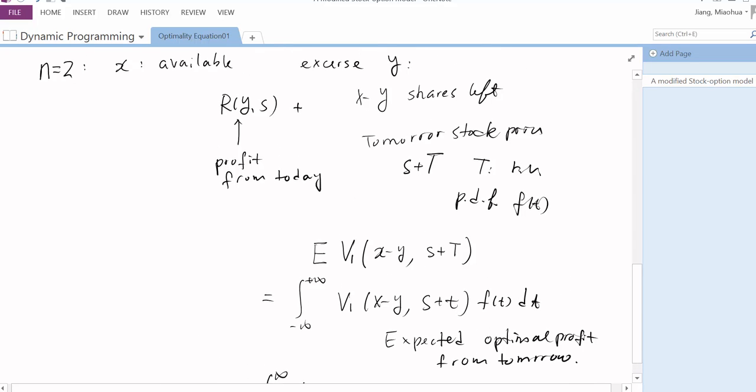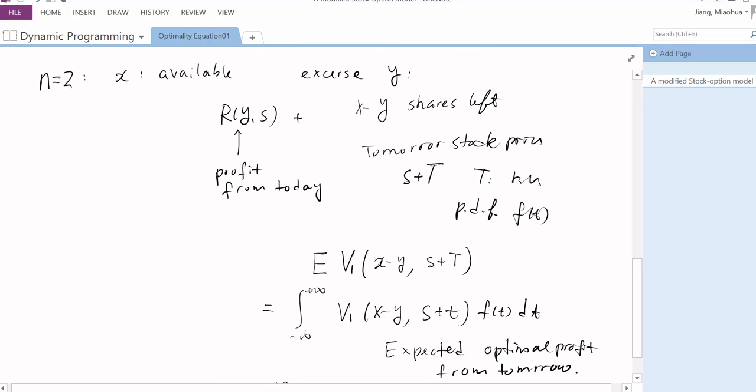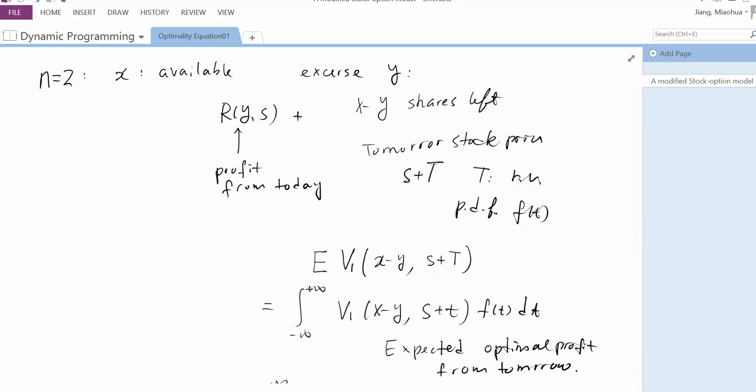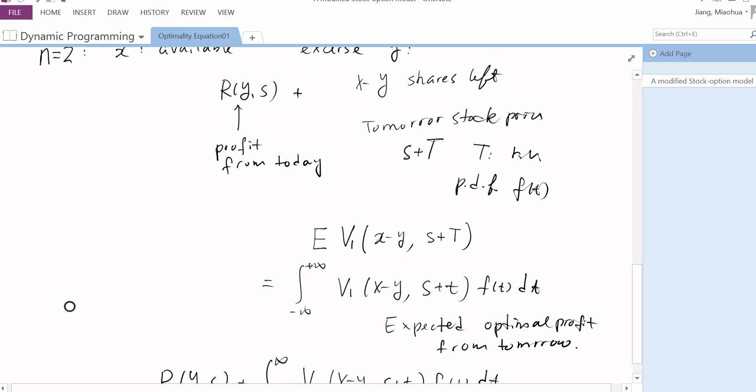Now this is the sum of profit of today and the entire future. It's not optimized yet over today's decision.